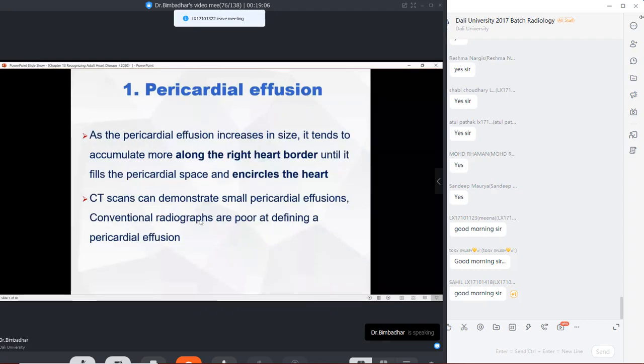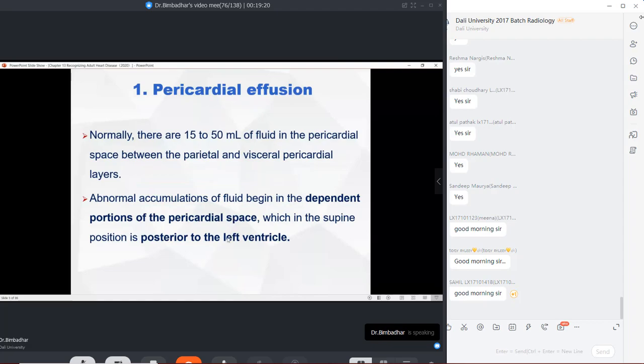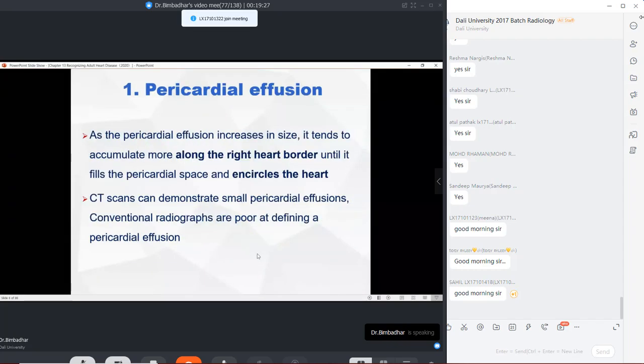Now, as the pericardial effusion size increases, it also tends to accumulate along the right heart border. Which means a minute pericardial effusion will be evaluated in the posterior side of the left ventricle, whereas a slowly increasing pericardial effusion will also be analyzed along the right heart border, until it fills the complete pericardial space and starts encircling the heart.